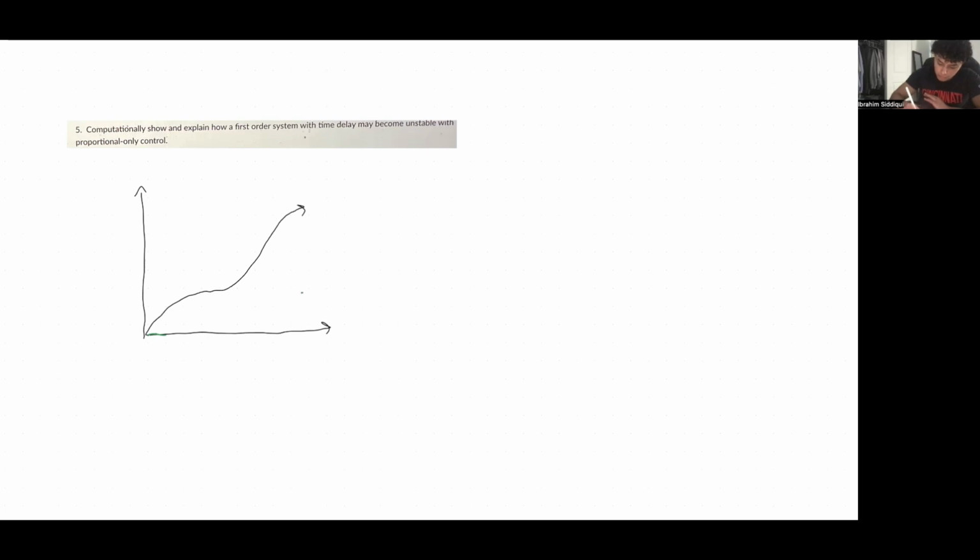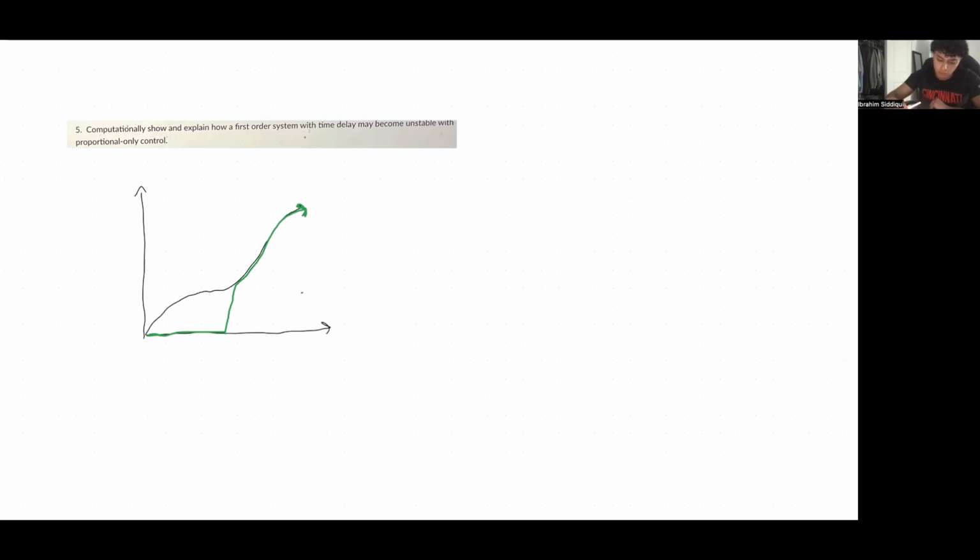So it goes like this, and then eventually fits our graph, going up and then along the same route that the old equation does. However, this is the new equation with the time delay, and then eventually it fits our equation. Okay, so let's go back.